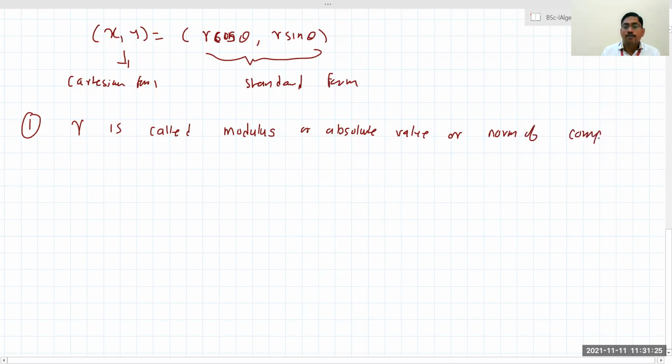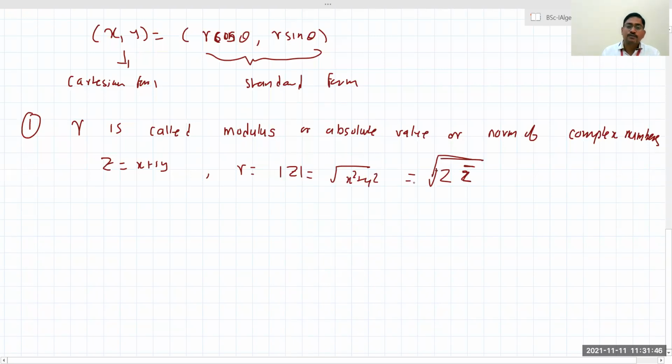Three names are there. Norm of a complex number. That is, if z is x plus iy, then what is the value of r? It is mod of z. It is the square root of x square plus y square. And if you want to write it in the form of the complex conjugate, the square root of this. So these are alternative definitions.